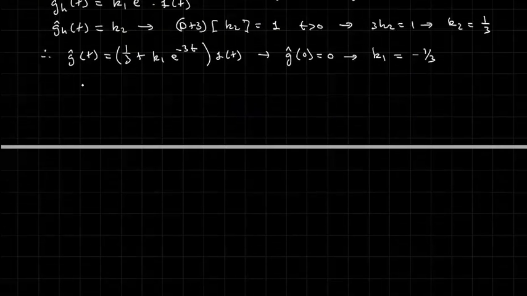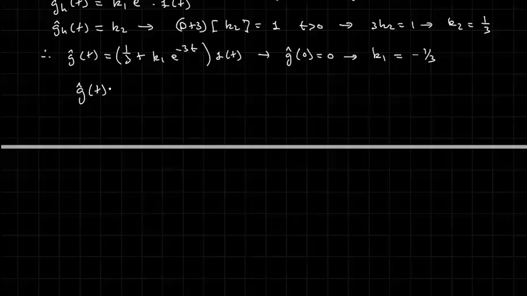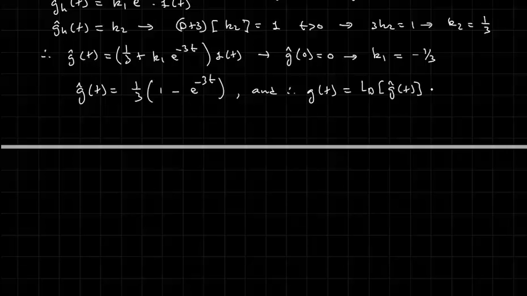Okay? So let's rewrite this. G hat of t is equal to 1/3 times 1 minus e to the minus 3t. Oh, sorry, minus. Okay, minus. All right. And therefore, g of t is equal to L D g hat of t, which is equal to D plus 1 operating on g hat of t.